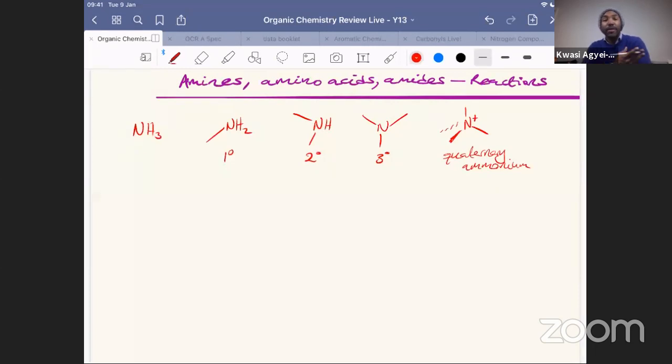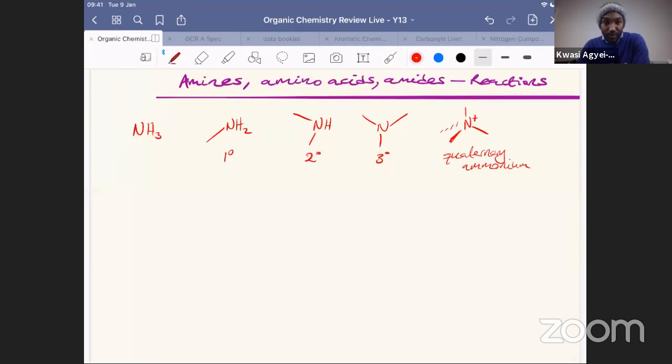Good. So these are all derivatives of ammonia, and there are two important things to note about these species. Ammonia is basic, and so the amines have basic properties as well.